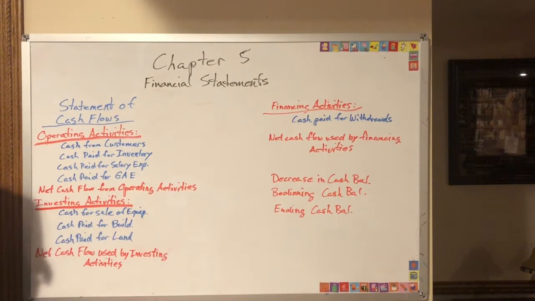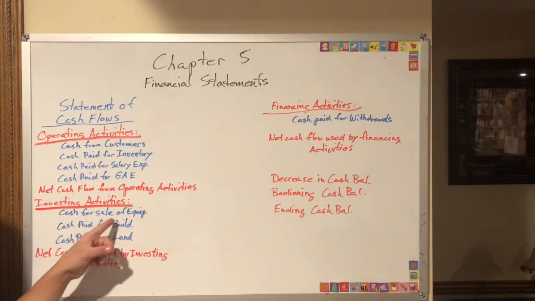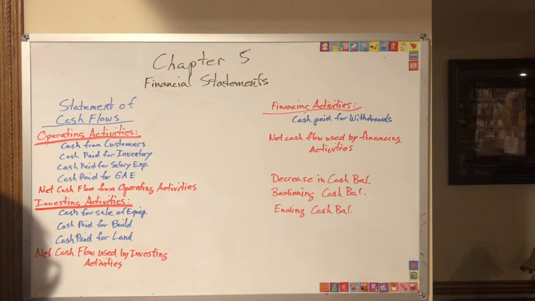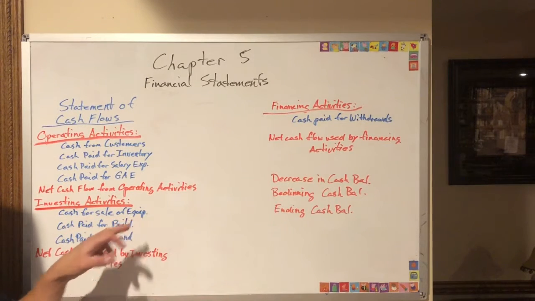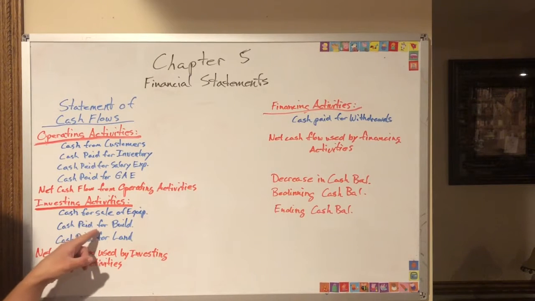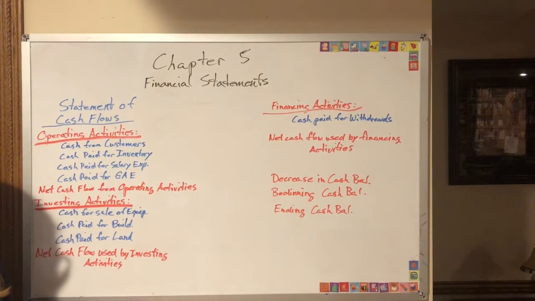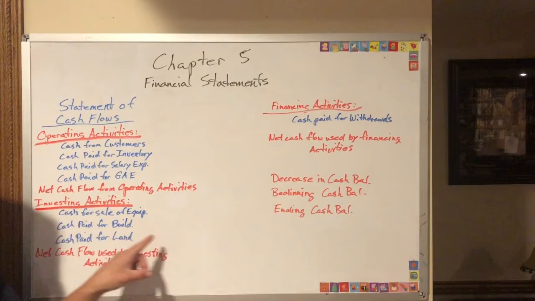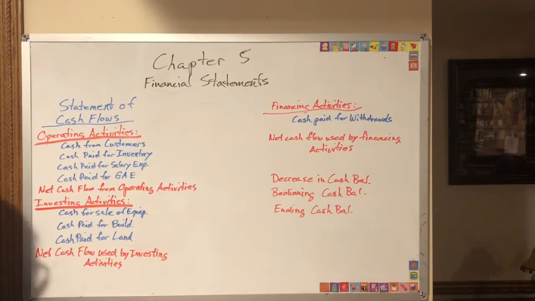Cash for sale of equipment. That's cash received for selling equipment. Here we have cash paid for building. You purchase a building, that would be recorded under investing activities because a building is an investment.